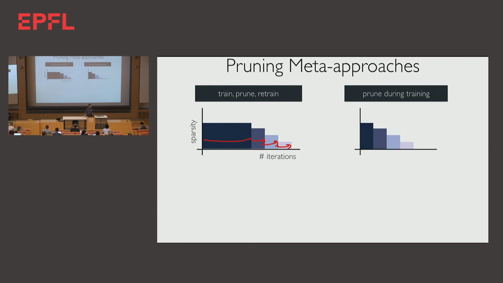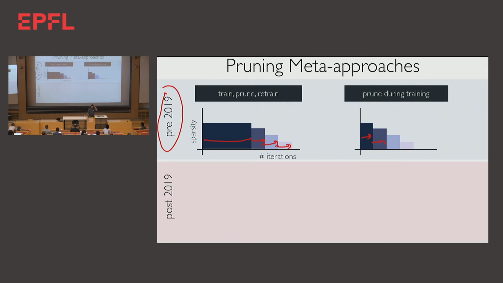Another very popular approach is prune while training, where you do a successive or soft thresholding at every iteration. You deal with a dense model for a little bit, then a sparser model, and so on, and keep decreasing the density. So this is the pre-2019 era.